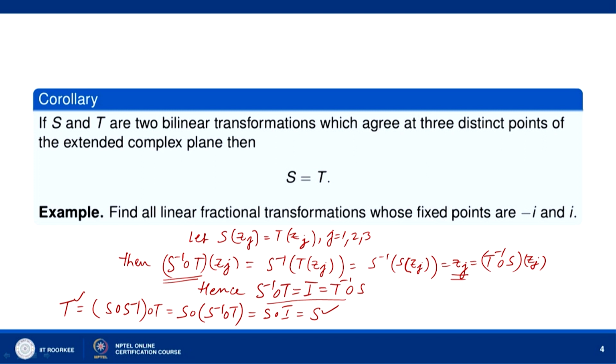Now, let us see an example. Find all bilinear transformations whose fixed points are minus i and i.